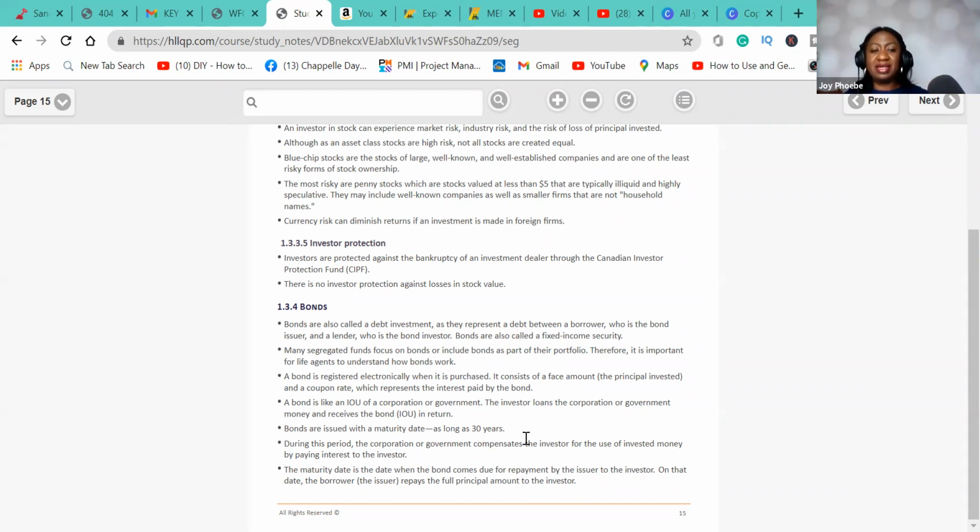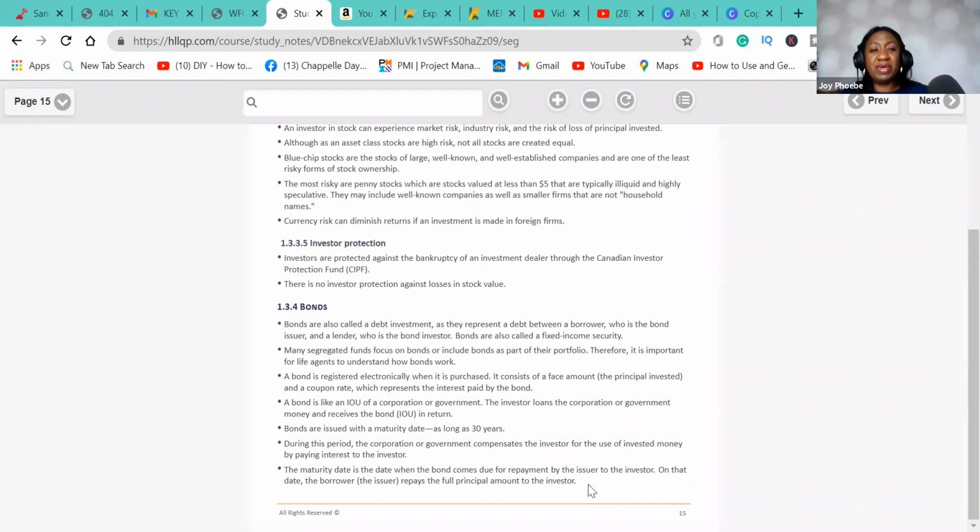All right. And during this period, the corporations or the government compensate the investor for the use of their invested money by paying interest to the investor. For example, the government of Canada from time to time issues bonds. So if I take my $10,000 and buy government of Canada bonds, it means that the government of Canada is owing me $10,000.